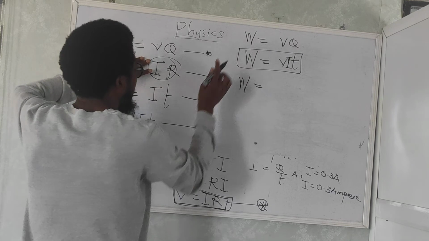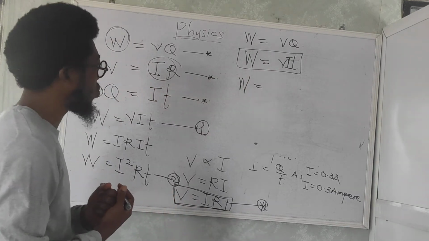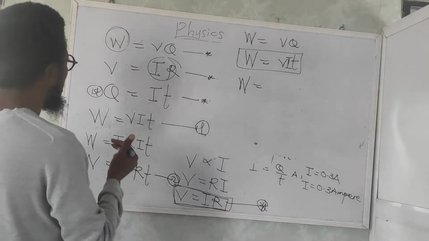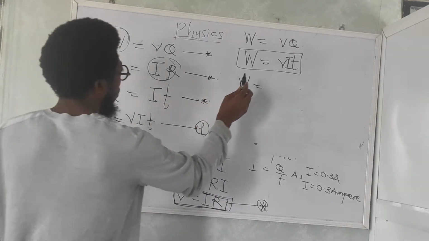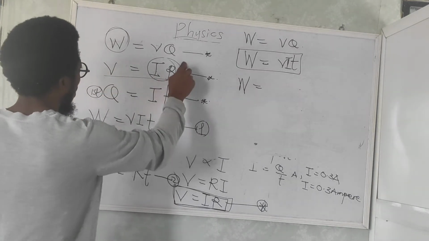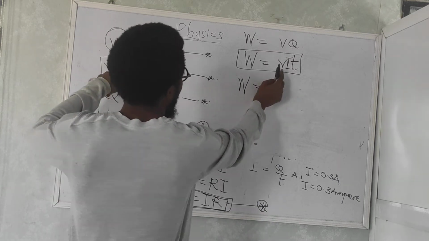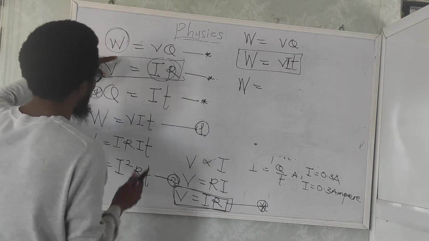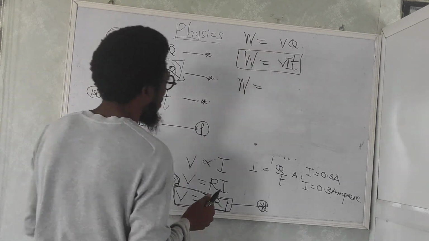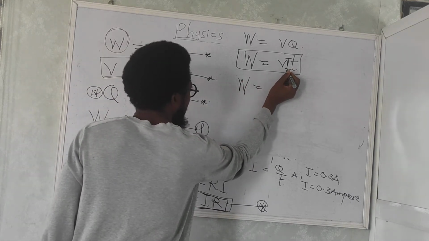The way we learn this is that we remember easily that work equals to VIT or IVT. Then we start thinking, what do we have in this formula that we also have in Ohm's law? Well, I have V in Ohm's law, so therefore I'll substitute V. Apart from V, what else do I have in Ohm's law that is in this formula? Pay attention to this I.